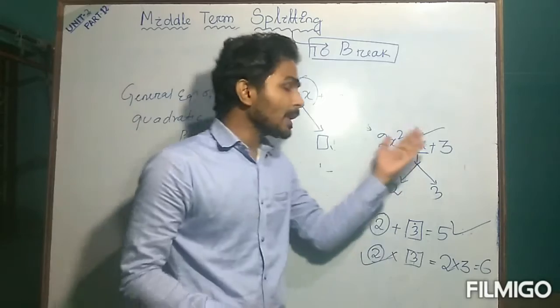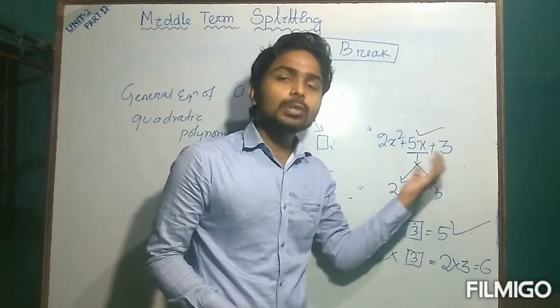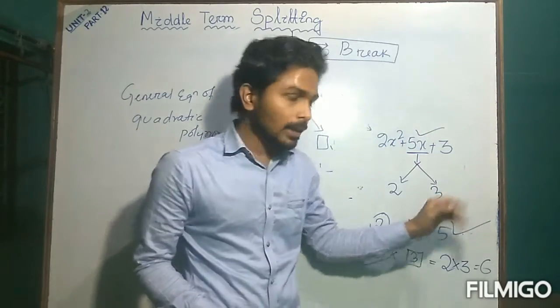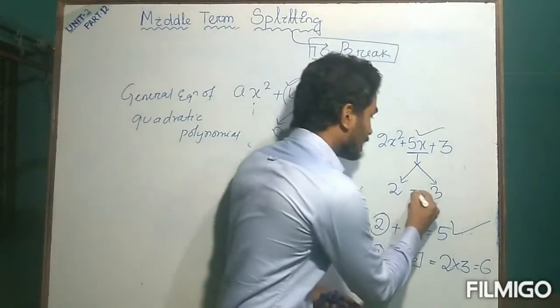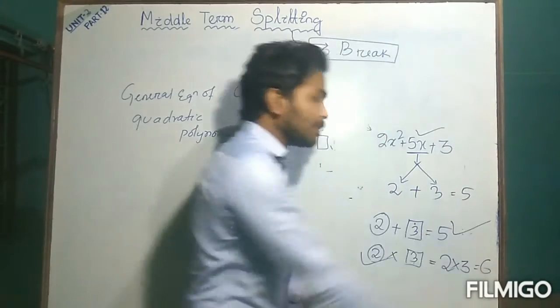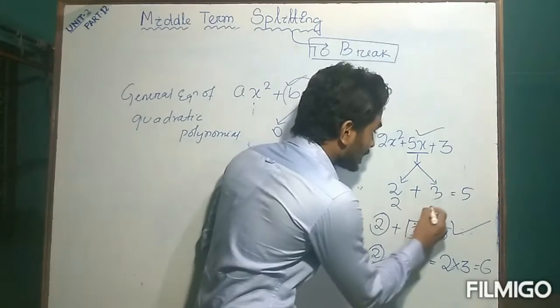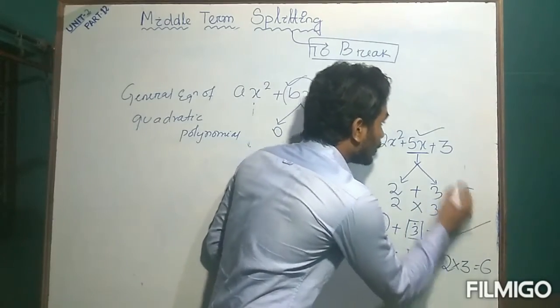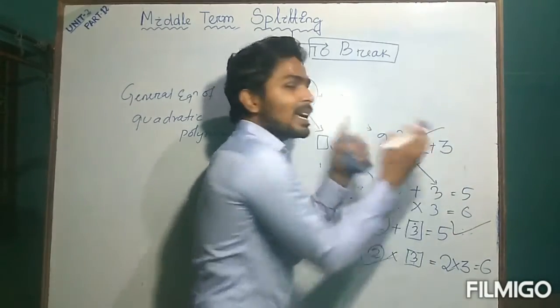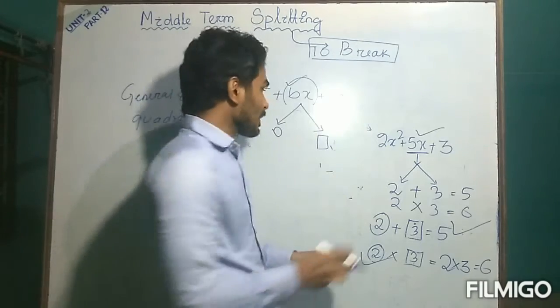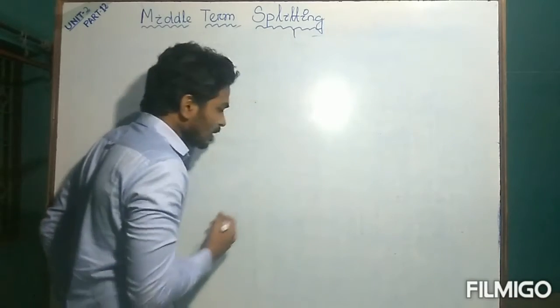That means yes, 5 can be divided into two parts, 2 and 3, such that whenever 2 and 3 are added, they give 5, and whenever 2 and 3 are multiplied, they give 3 into 2 is 6. Okay.